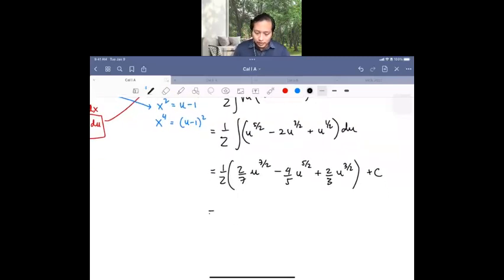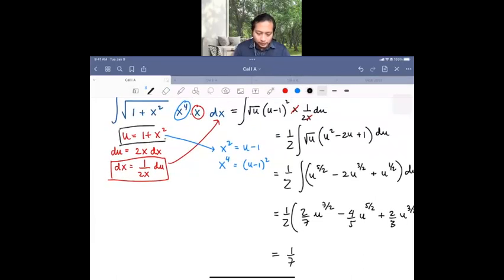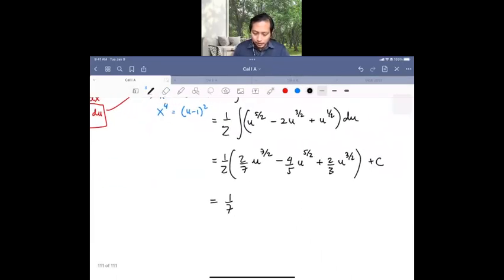So we exchange everything in terms of u, which is 1 plus x squared. So 1 plus x squared to the 7 over 2, minus 2 over 5, 1 plus x squared to the 5 over 2, plus 2 over 3, sorry.